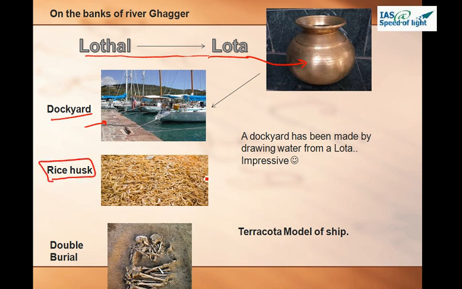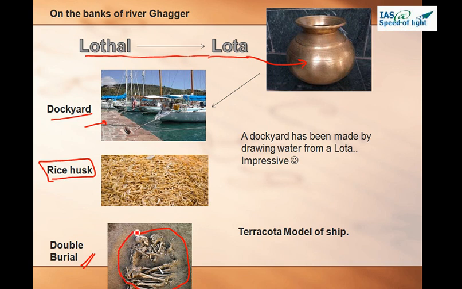So one morning, you saw your lota, and there was rice husk inside that lota, and you wondered who might have put this rice husk in the lota. There has been evidence of double burial as well. See this, where 2 dead bodies are an example of double burial, meaning 2 people were buried at the same place.